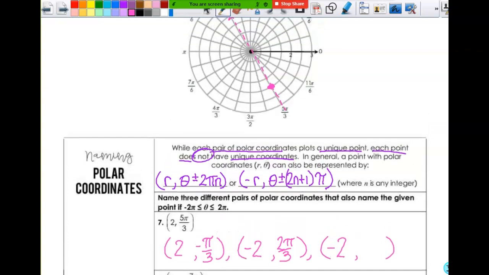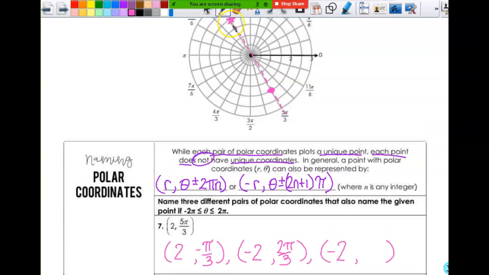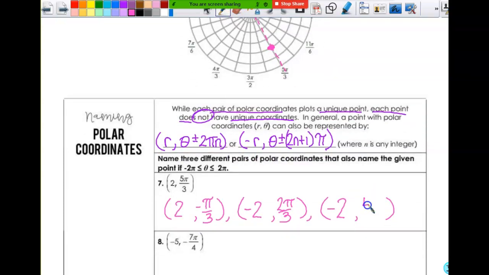The other way to get here, instead of going a positive 2 pi thirds, would be to go a negative how much? Think about how many quadrants you go through. So I'm here, I go through 1, 2, third quadrant. So my third quadrant pi thirds angle would be 4 pi thirds. Because you're not in that quadrant and it's negative.